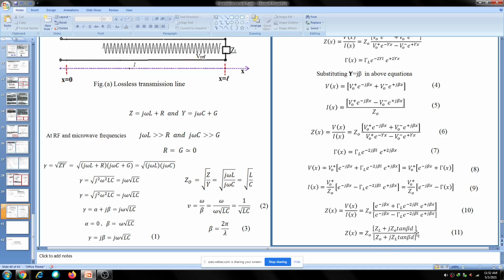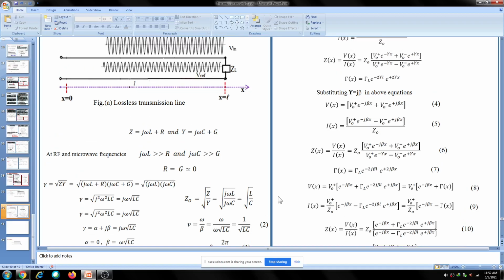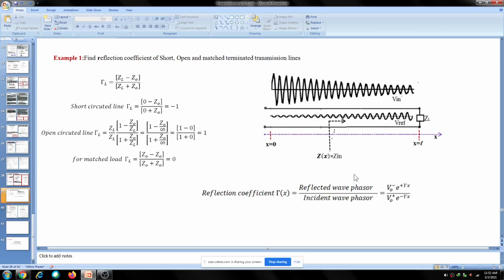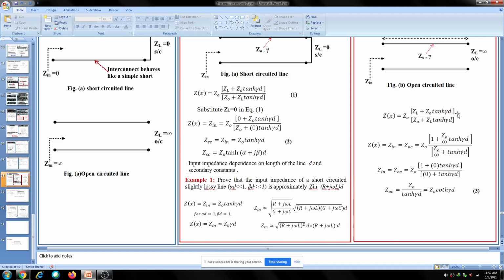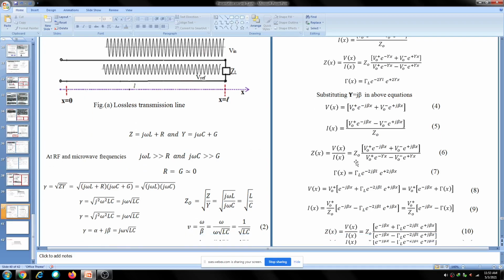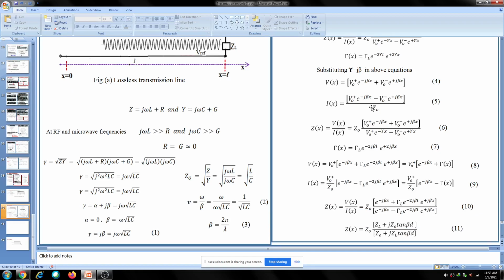So this equation you have to remember: for a lossless line, the input impedance is given by this equation. For a lossless line, the wave amplitude remains constant with distance; it does not decrease.